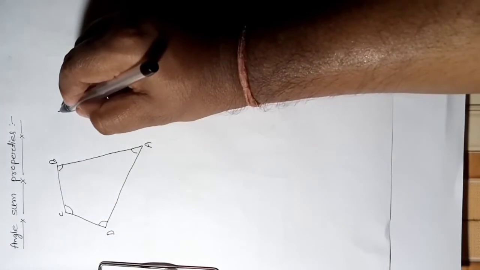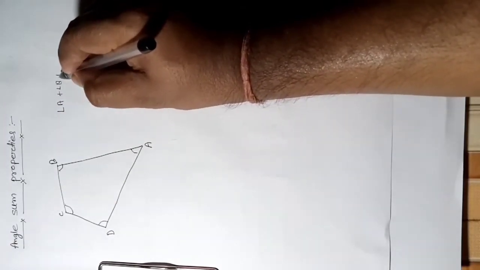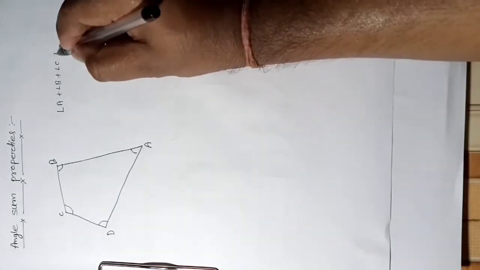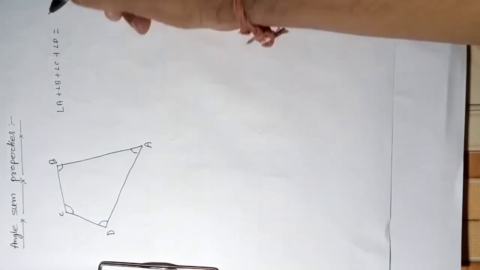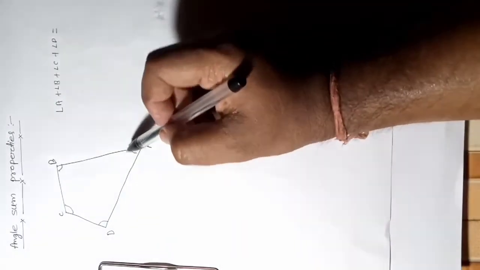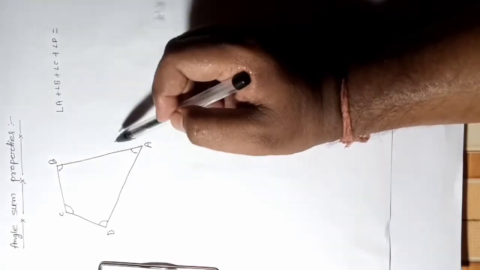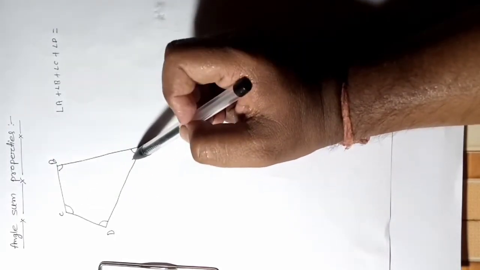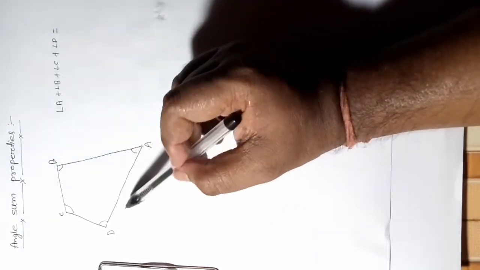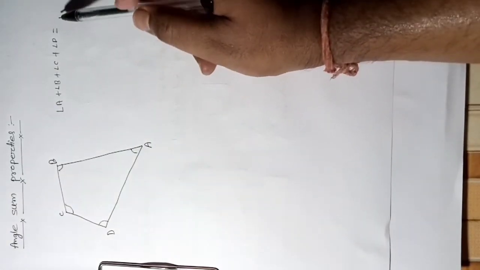We have to prove what is the sum of angle A plus angle B plus angle C plus angle D. Means what? The sum of internal angles of a quadrilateral. I assume this is a quadrilateral ABCD, whose angles are A, B, C and D. So the sum of A, B, C, D is how much, right?